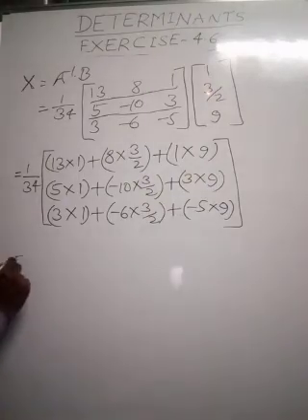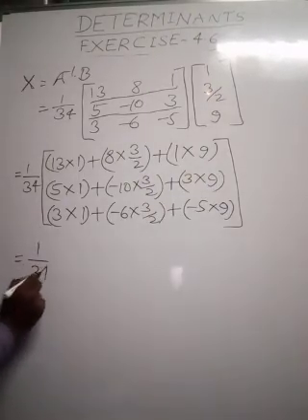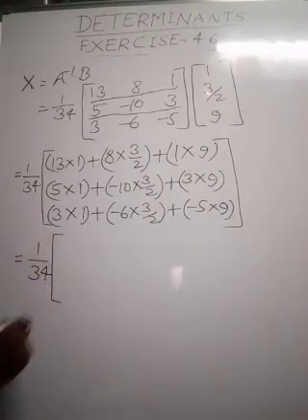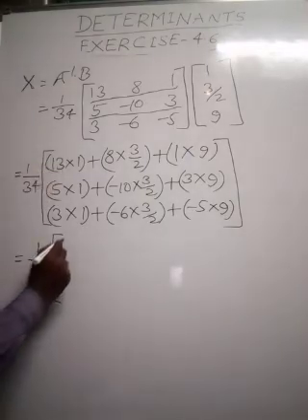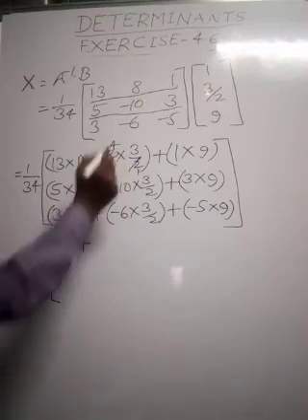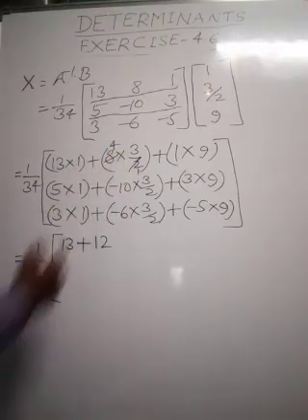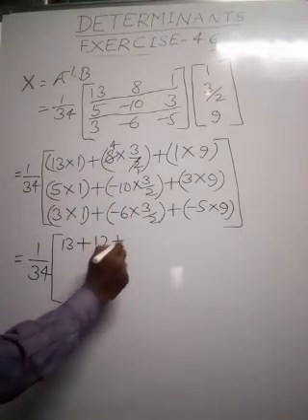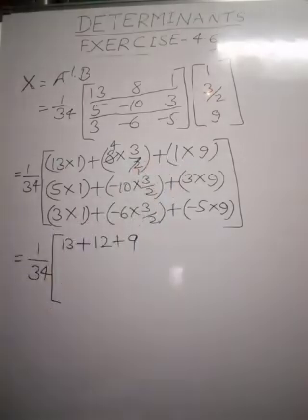Right. That is equal to 1 by 34 into, what will you get here? 13 plus, 2 1s are 2, 4 times 3 is 12, plus 1 9s are 9. Understood this step, my dear children? Right.